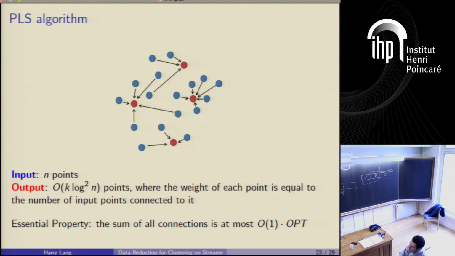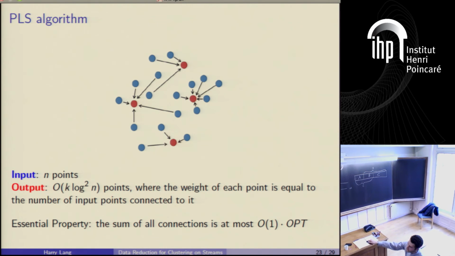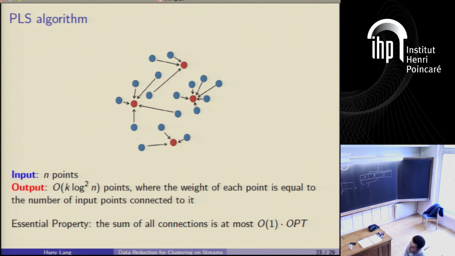What it does is run a facility location, with exponential estimates for what the cost will be. But the end result, which is important, is the following. It compresses n points to k log squared points, where the weight of each point is just the weight of the points that it serves.